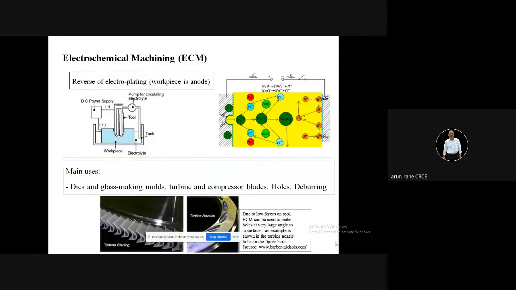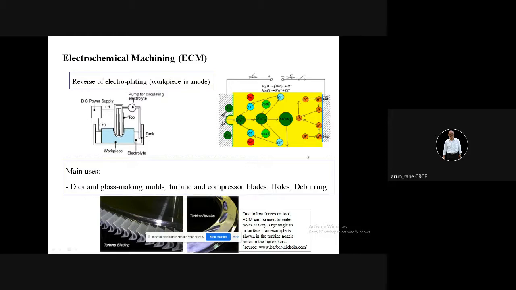In electroplating the material is deposited, whereas in electrochemical machining the material is eroded, that is, it is removed. So in case of electroplating, the workpiece is cathode, whereas in case of electrochemical machining, the workpiece is anode.